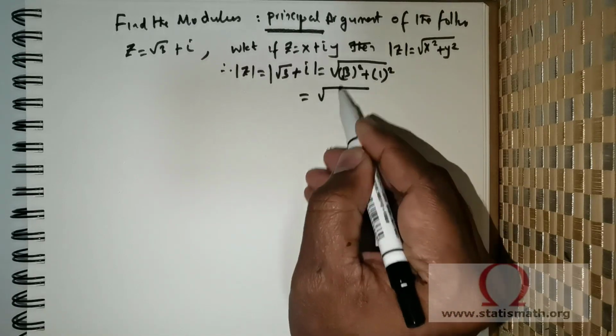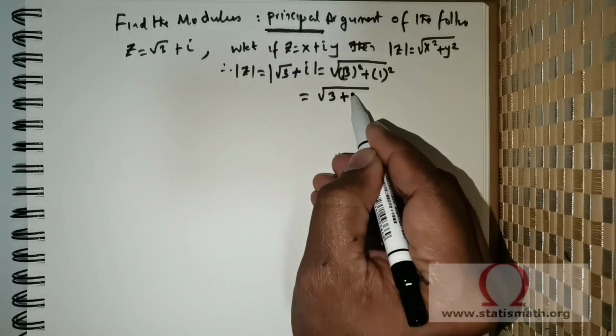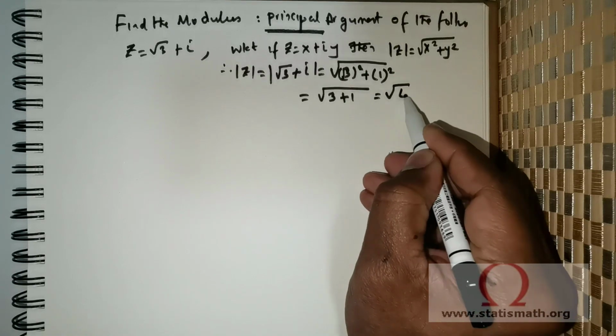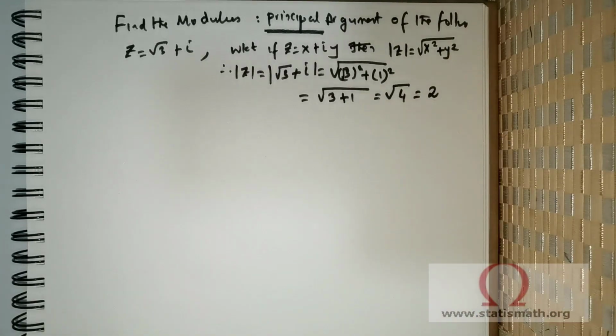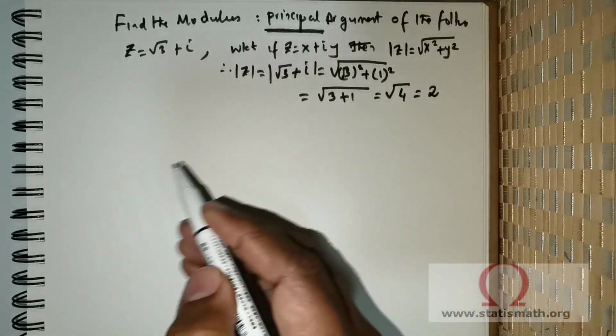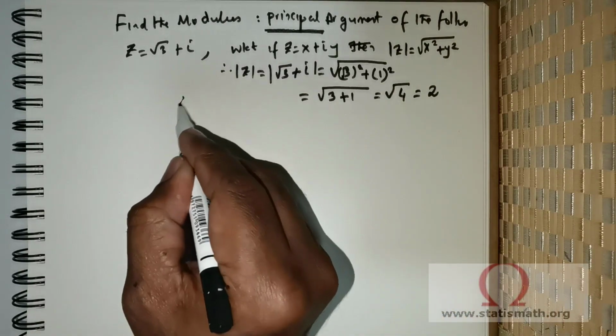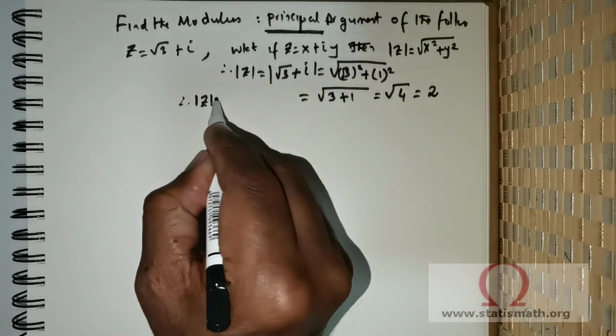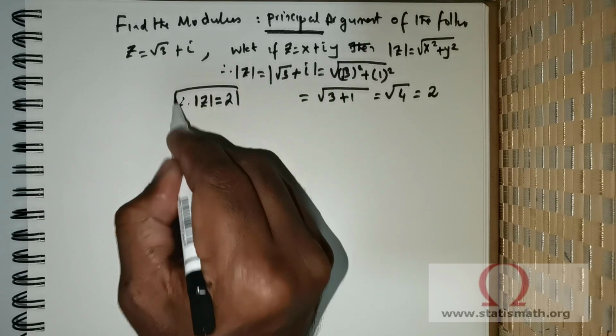This is going to give us root of 3 plus 1, which is equal to root of 4, which is equal to 2. You only take the positive side of the modulus. So therefore you can write it down that mod of z is equal to 2. So this is fine.